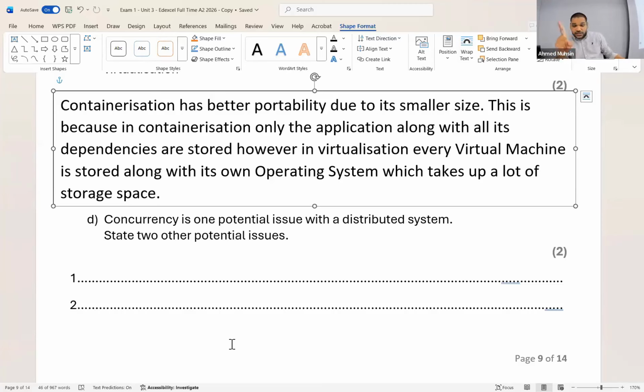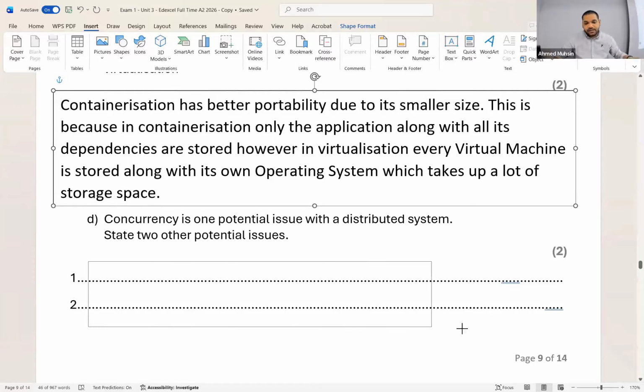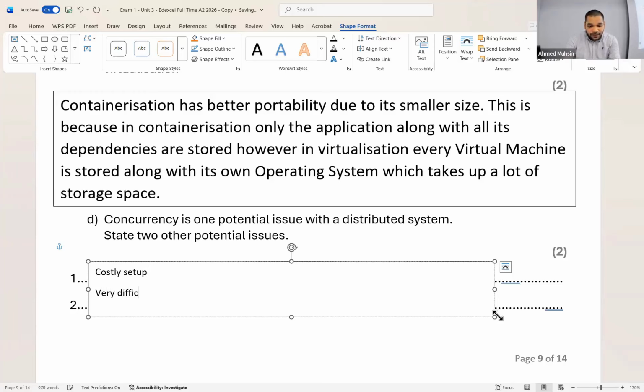Agree with him? Costly to set up. You need to purchase servers. You need to put these servers in various parts of the world. Okay? Costly to set up. Very costly setup. Right. Anything else? Sorry? Very hard to maintain. Okay? Very difficult to maintain. Give me one more.